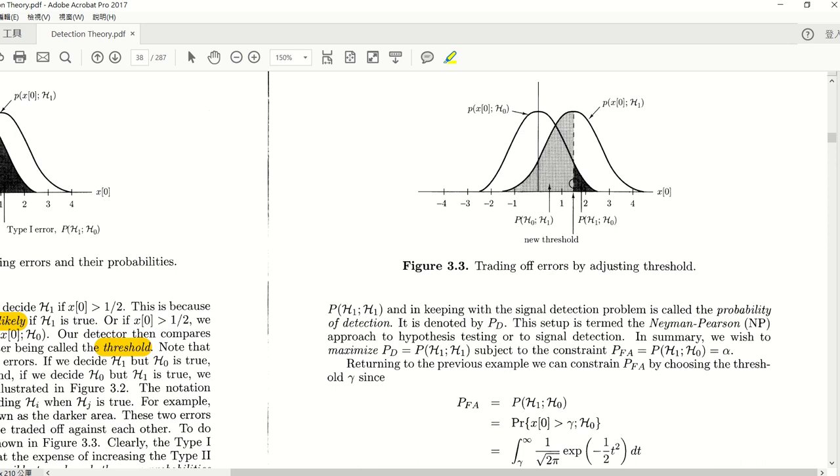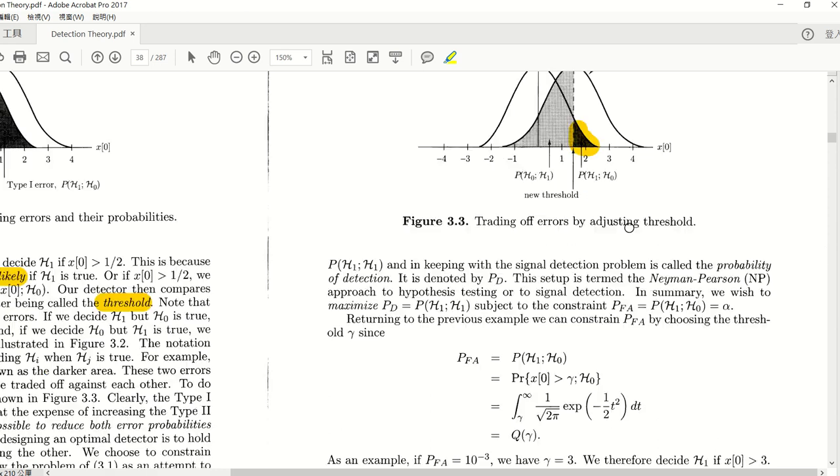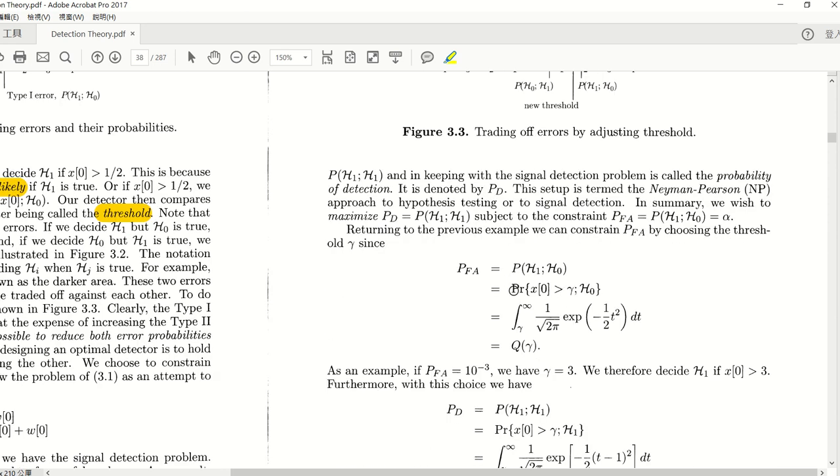That is the probability of this area, this small probability here. So you have the probability of x larger than gamma, conditional on H0.